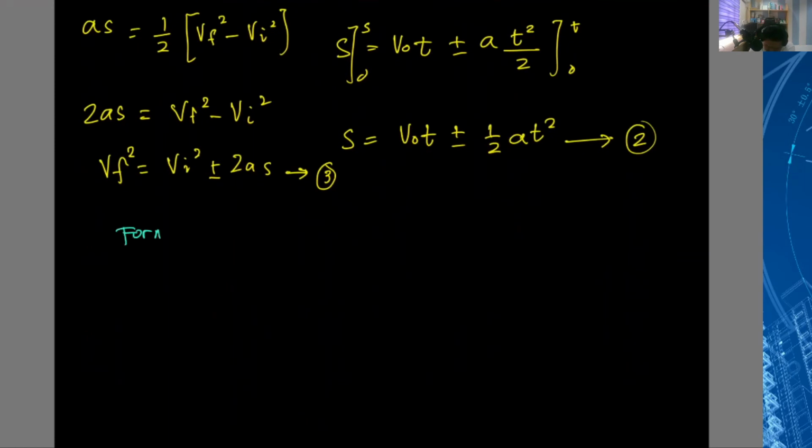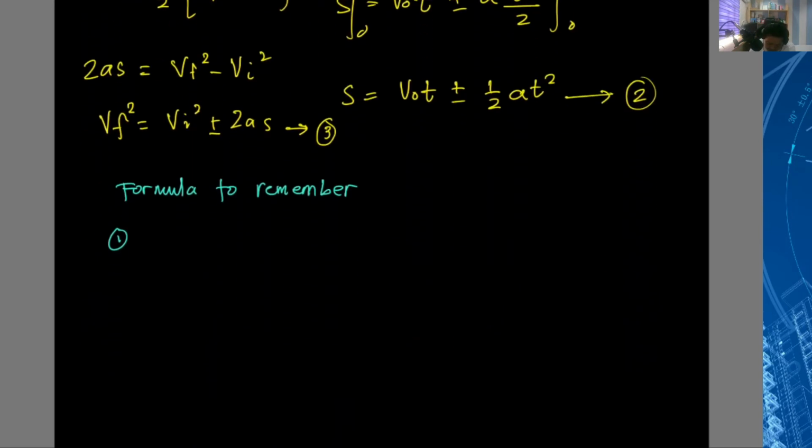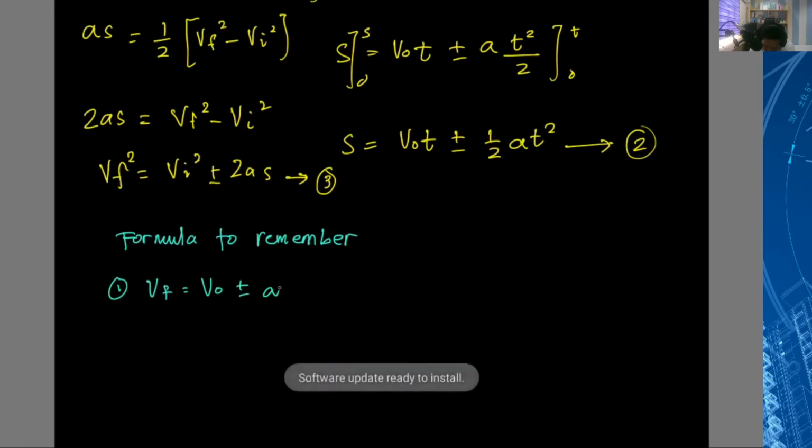Formulas to remember. So number 1 is velocity final equals velocity initial plus or minus acceleration times time.